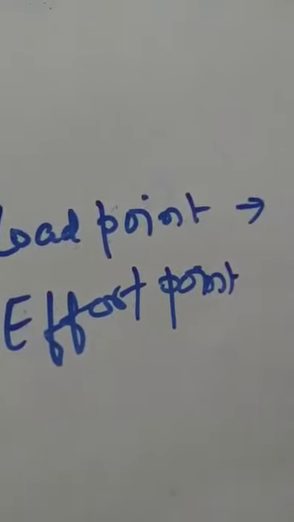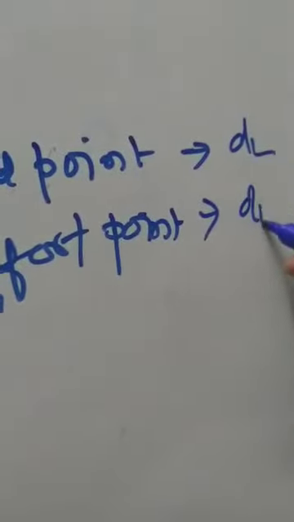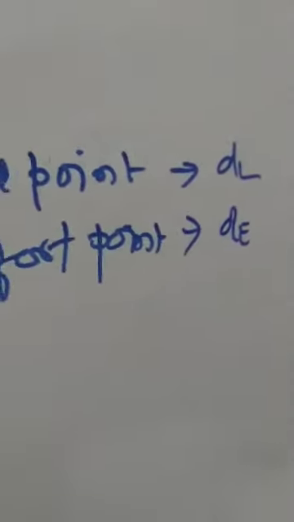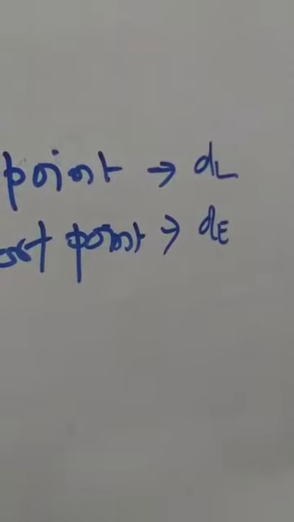This displacement of the load point we call in general the displacement of the load, dL, and similarly the effort will also get displaced, that is called dE. Then when you are applying the effort, for the duration for which you apply the effort, at the same time the load also gets lifted or displaced.